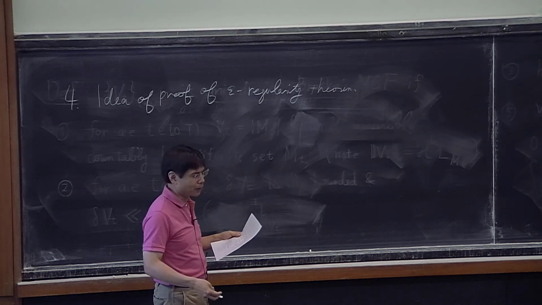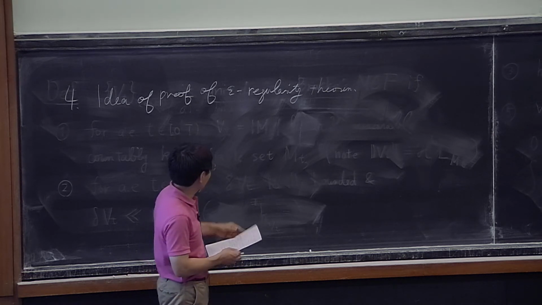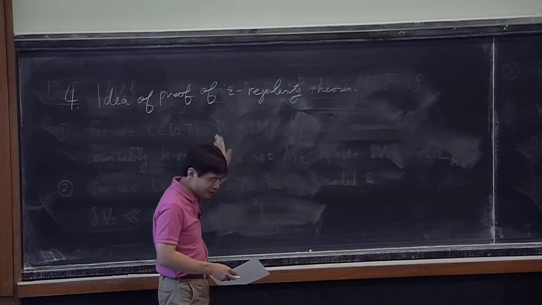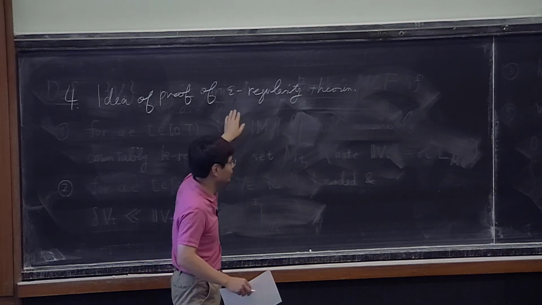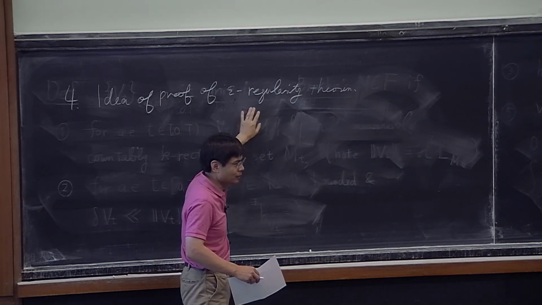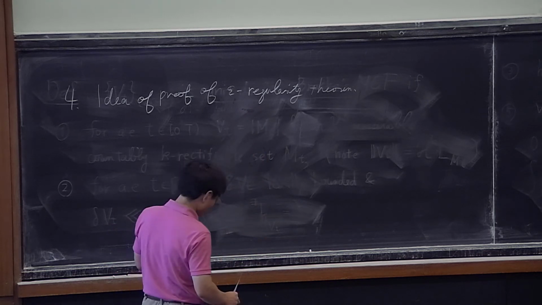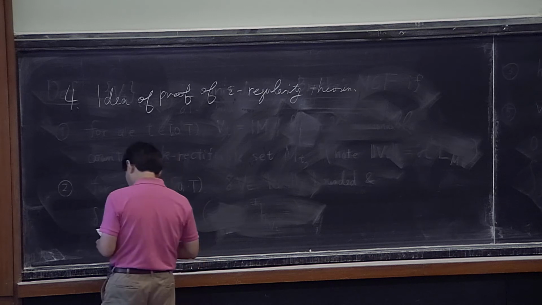It's fairly complicated to get from this epsilon regularity to partial regularity. There are a fair number of steps, but anyway, this is the main part in some sense. Once you do that, then there's a way to prove partial regularity.